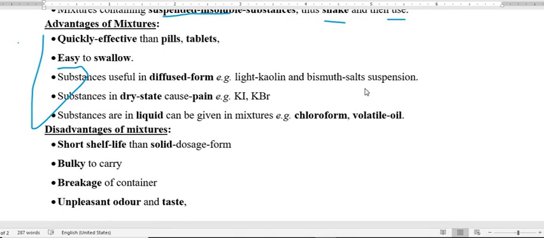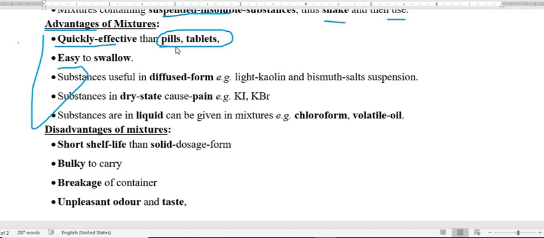Now we have to go through the points about the disadvantages as well as the advantages of the mixture. Regarding advantages of the mixtures, they are quickly effective when compared with the solid dosage forms of medicine, like pills, like tablets, like bolus.